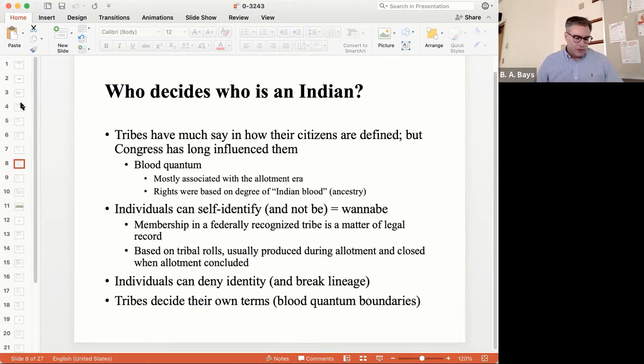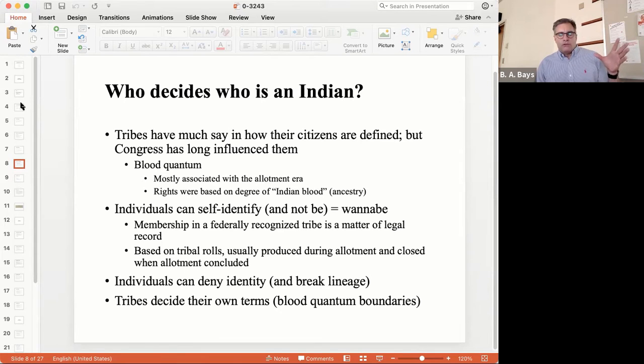So allotment gets started in 1887, and the first process of that, if the land wasn't already surveyed, was the survey, right? But typically, like in Indian Territory, the land had been surveyed back in 1876. So it had been surveyed a long time.